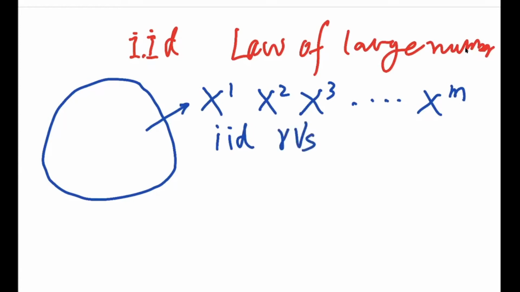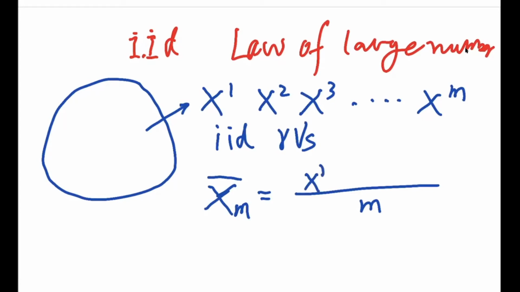And then we will calculate their average, which I will denote as X_m bar. It's the average of these independent identically distributed random variables, X1 plus X2 plus X3 up to Xm, divided by m.